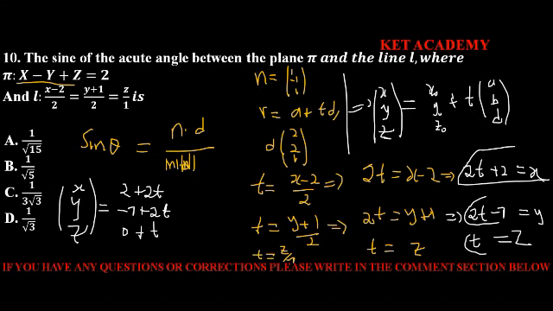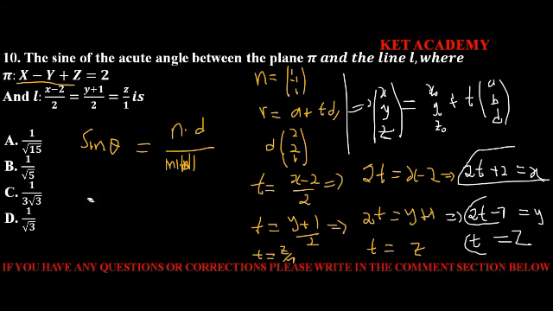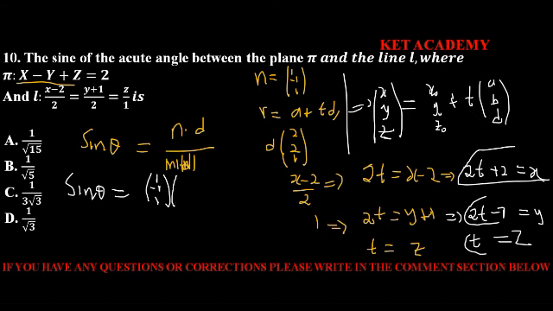So putting it back in our formula for sine, sine theta is equal to the normal vector, which was (1, minus 1, 1), multiplied by the direction vector that we got, (2, 2, 1), divided by the norm of the normal vector and the norm of the direction vector.